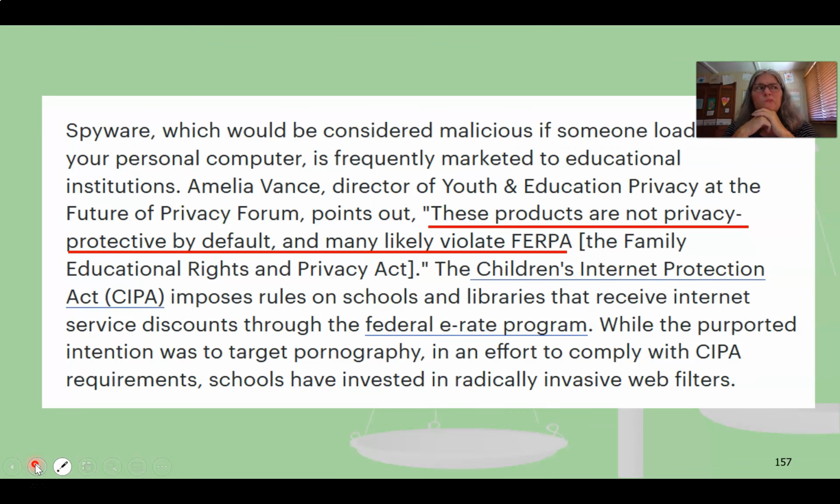Now, I have to admit, when I hear that problem, my first thought is not FERPA, invasion of privacy. My first thought is, how can we let strangers come into these meetings and do obscenities in front of students? To me, that's the bigger issue. But still, there's the FERPA issue. So the idea that these products, Zoom, Microsoft Teams, are not necessarily meant, or at the time they weren't geared toward privacy protection.